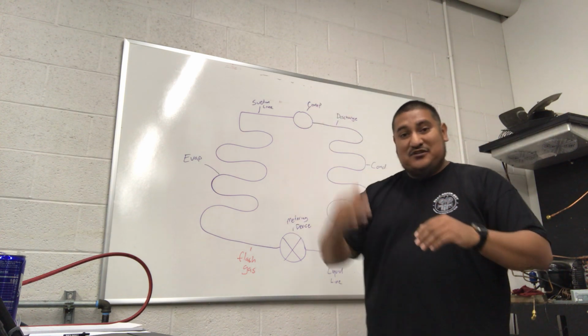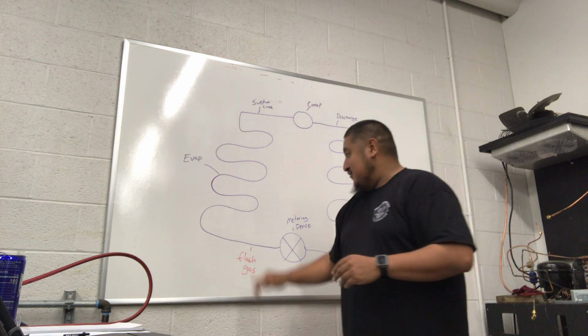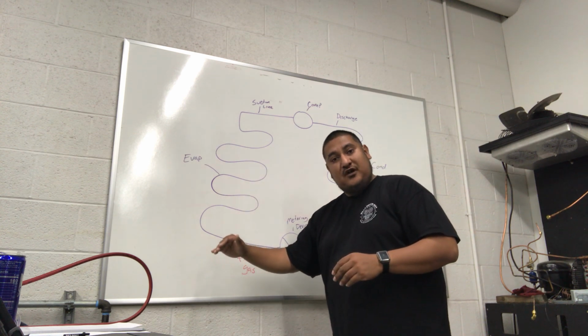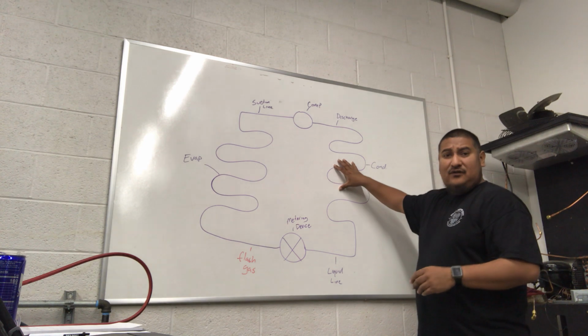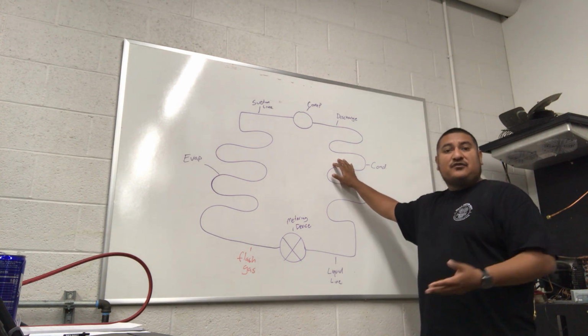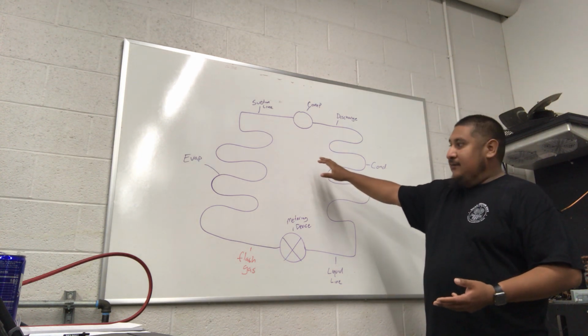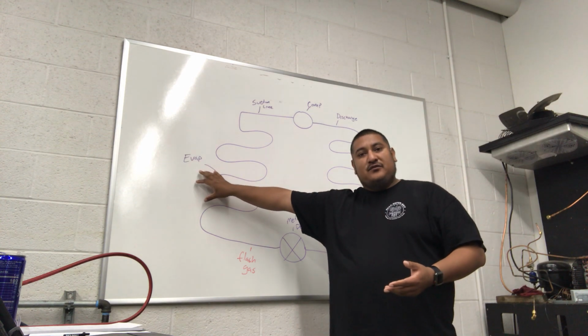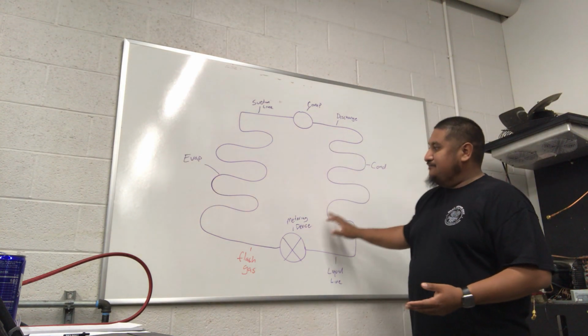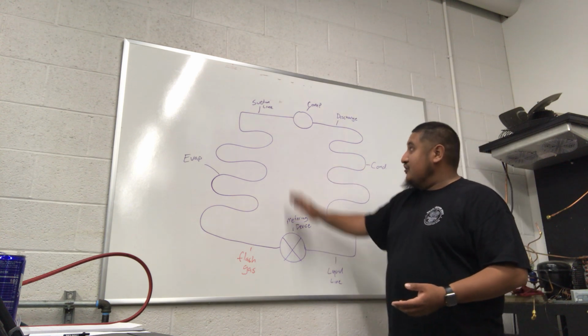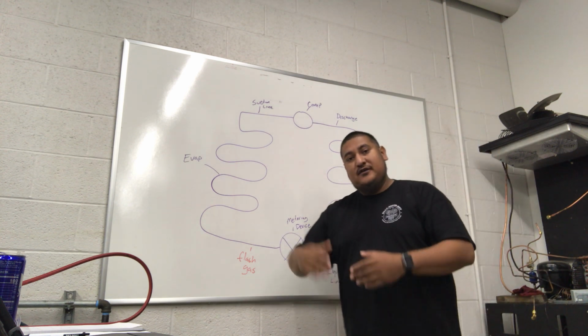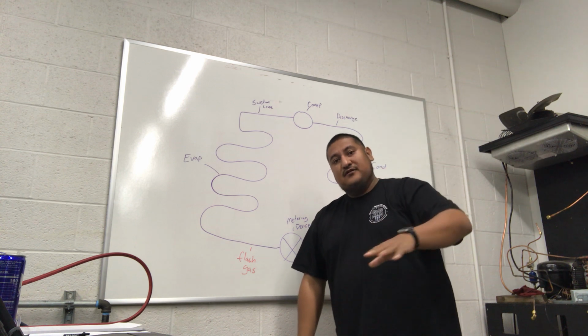Anyways, the temperature will also drop. As your pressure drops, your temperature drops. On this side you can have up to about 200 degrees, and over here you can have 20 degrees. It's the exact same refrigerant. The refrigerant hasn't changed, but the pressure is what causes the temperature to go from high to low.